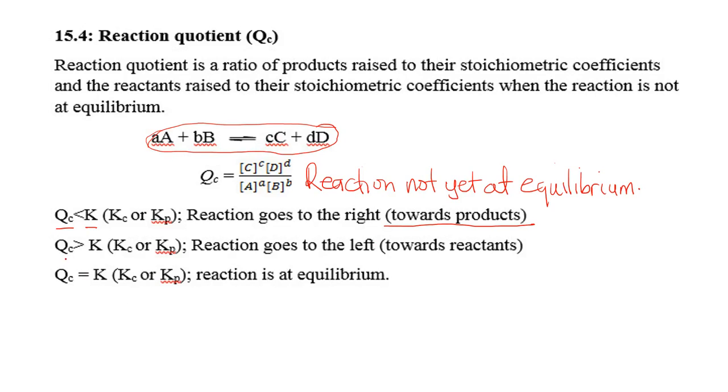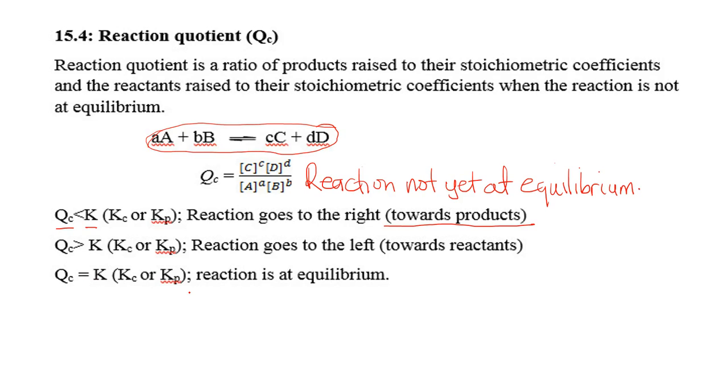Now, if Q is greater than K, then the reaction will go backward. It means you have more of this than this, which means you need to form more of this to compensate for that. Now, if Qc is equal to K, then the reaction is at equilibrium.